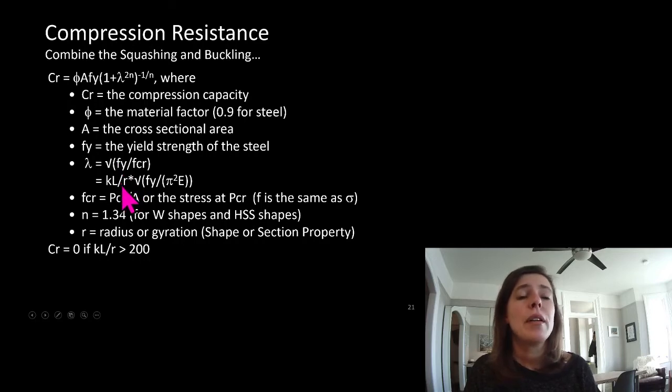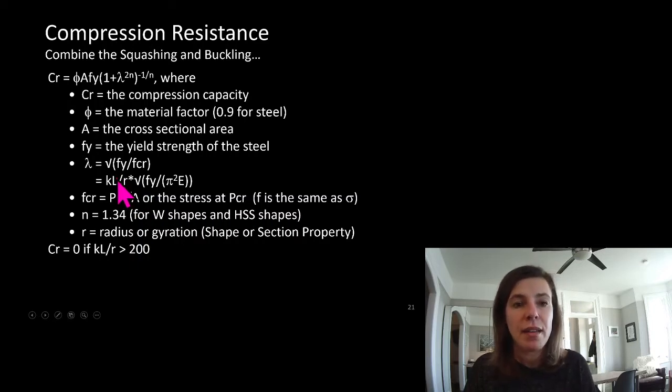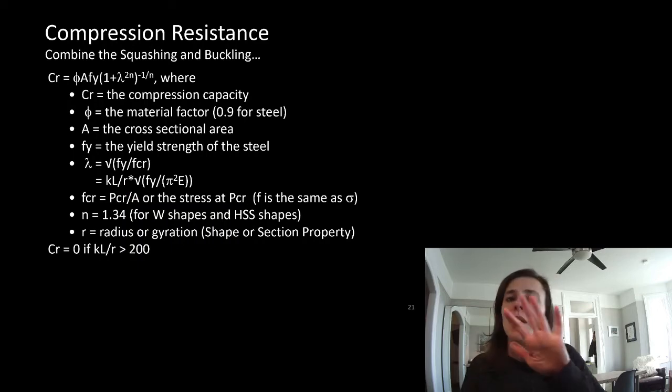Well, this is where I'm going to tell you that we have another shape property. Yes, I know, another shape property. And this lowercase r is bound to I. So it is related to I. You don't need to worry about it. It's beyond the scope of this course, but we do need to be able to look it up, and you're going to be able to look that up where we look up all the other section properties.